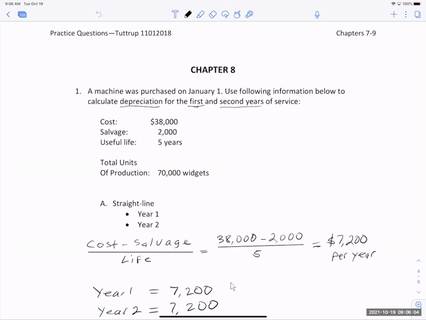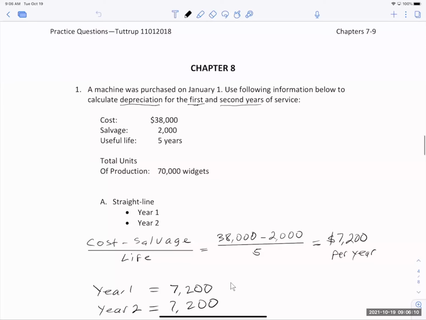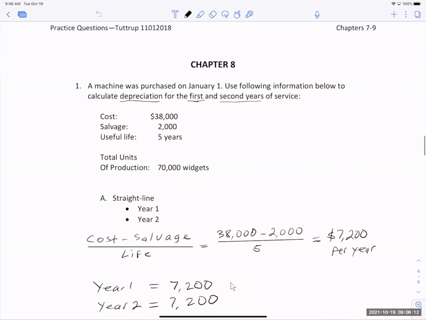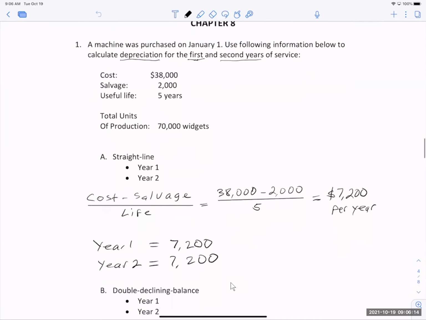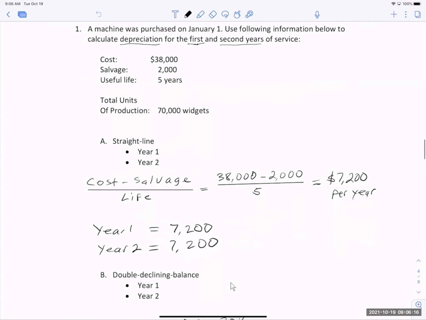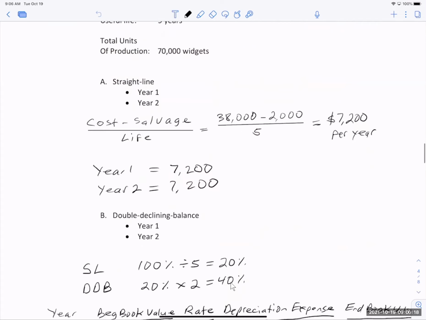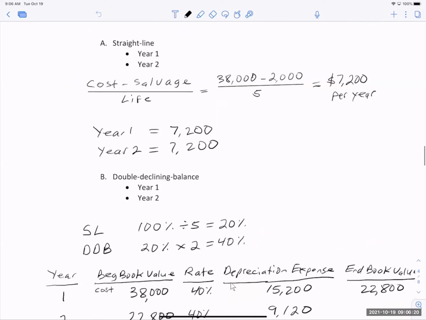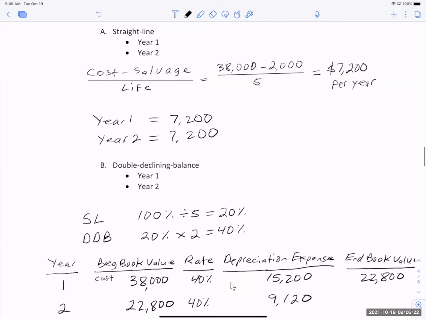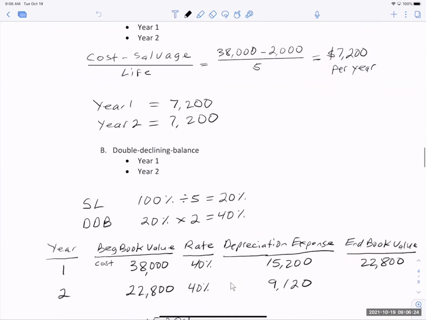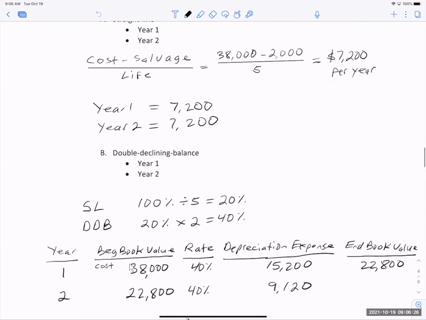We all know and love that one. Let me show you another one. Well, it's just another way to systematically allocate. It's called the double declining balance method. So I'll just do it right here for now.